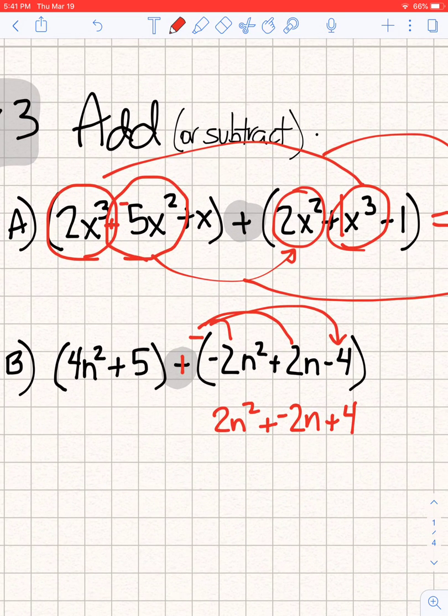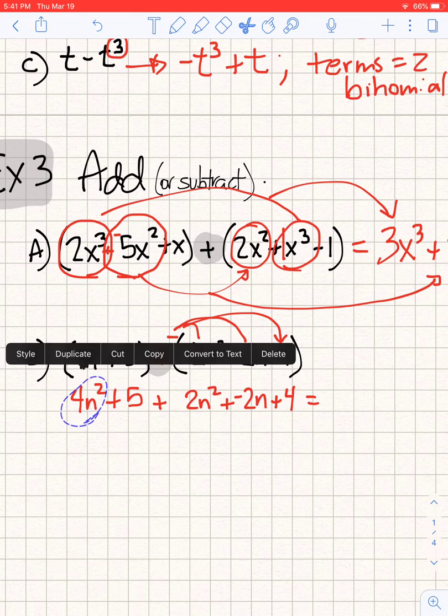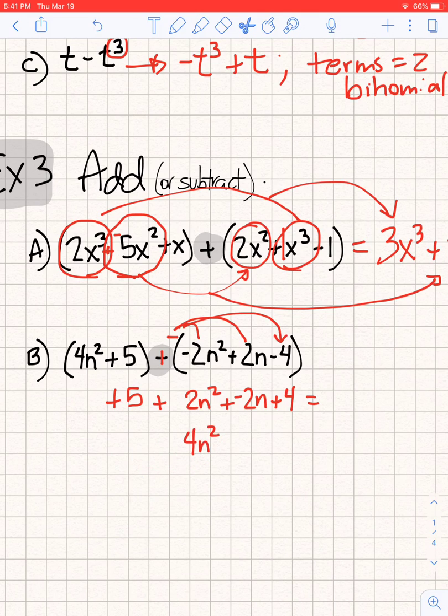All right. So now we're going to add 4n squared plus 5 to all those pieces there. Some people like to line them up right below too. Some people want to take, for example, the 4n squared and put that right there, and then take the 5 and put the 5 right there, and then add them up like in the old days when you did things vertically, right?